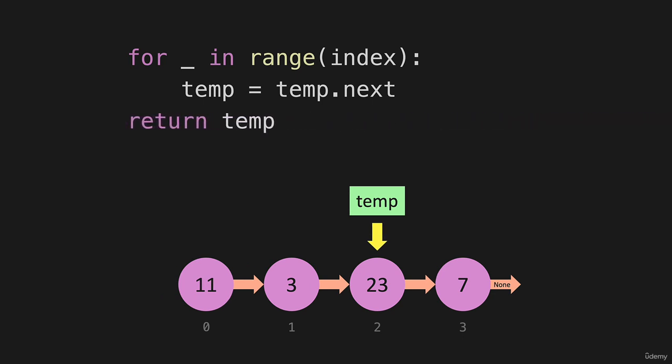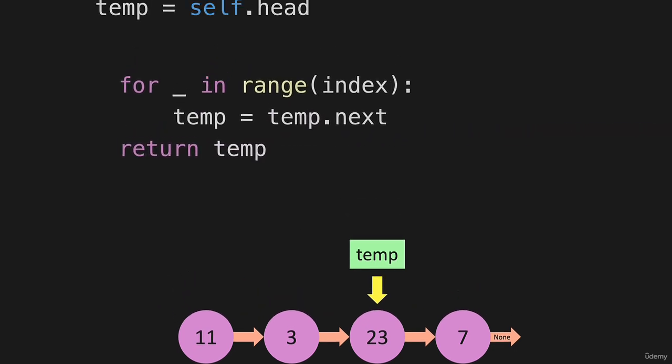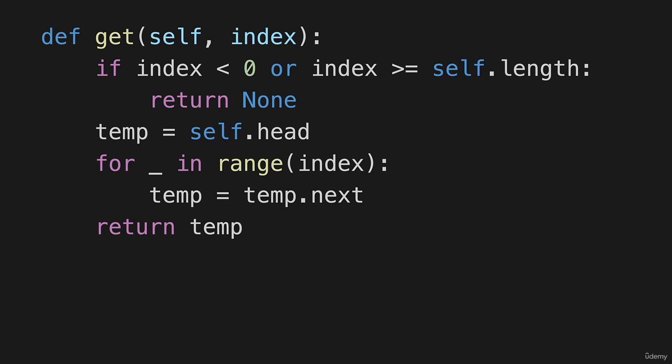And then we would return temp. So this was our code for the get method for a singly linked list. And it just so happens this all works just like this for a doubly linked list. But in a doubly linked list, we can optimize this.